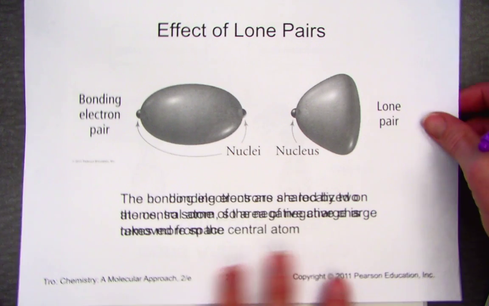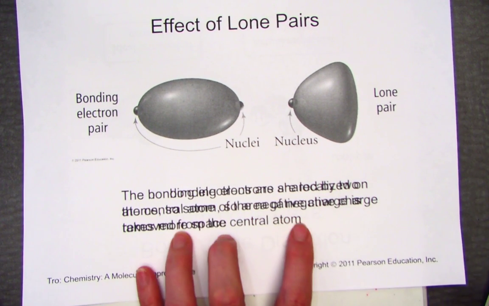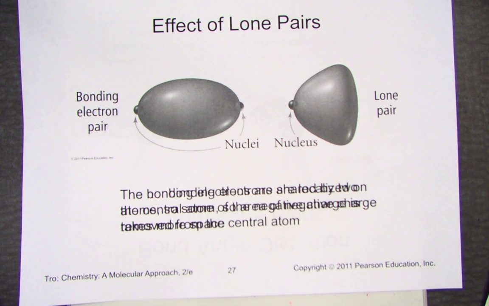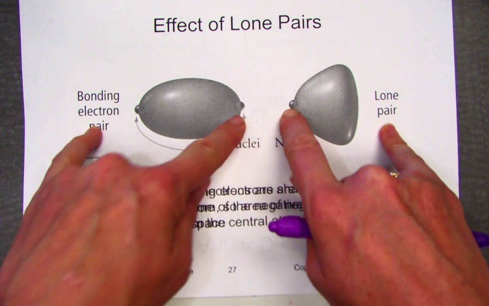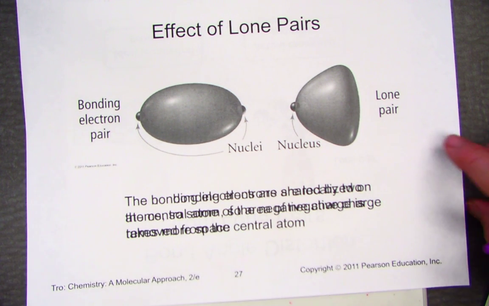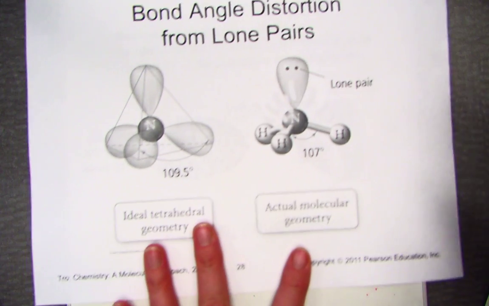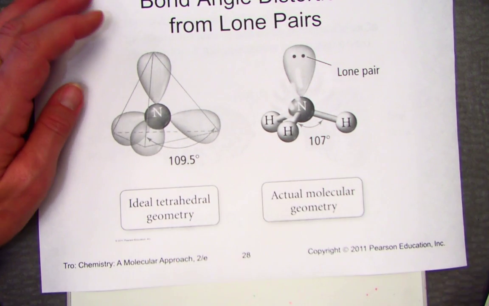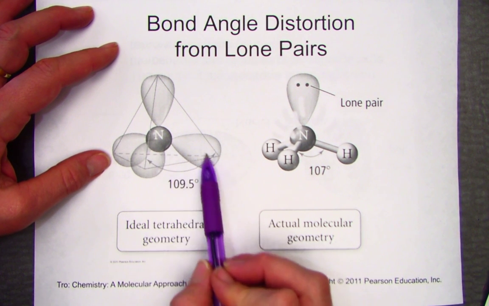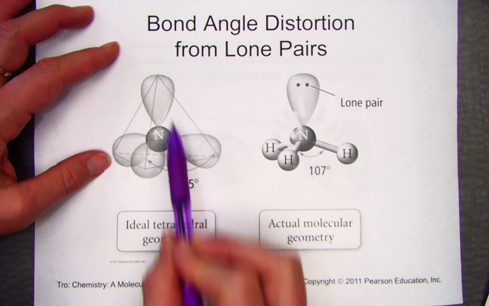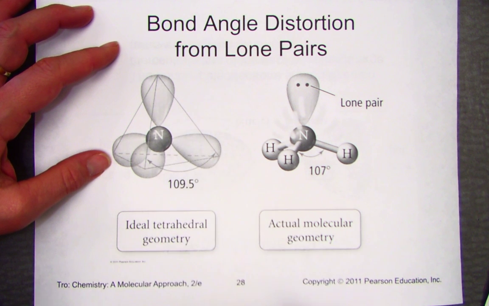Let's take a peek that way. Oops, this typed over each other. Let's suppose we have a nuclei, and we have a lone pair and a bonded pair. What we're looking at is a little different effect on the bond angle. This might be easier. Let's take a look at this picture where we actually can have something in common to look at. This is a picture of nitrogen with a perfect geometry of 109.5.